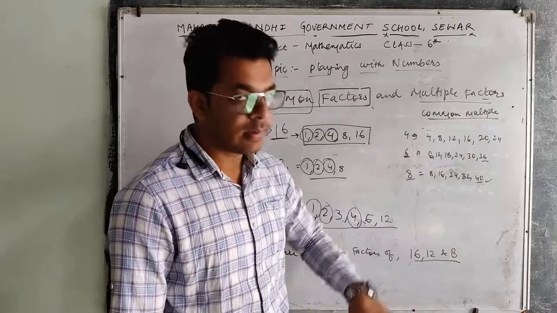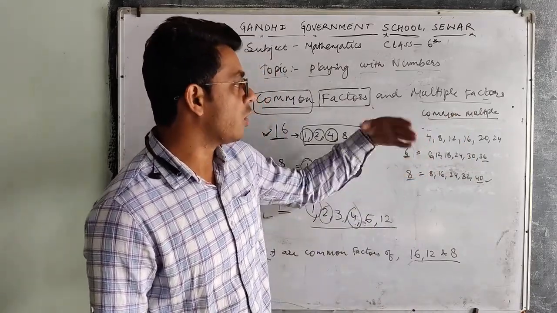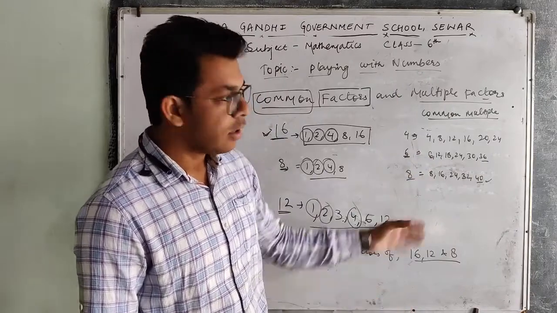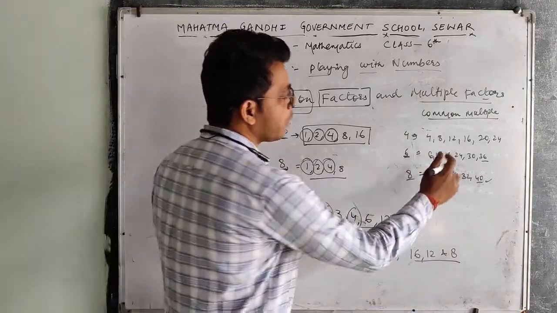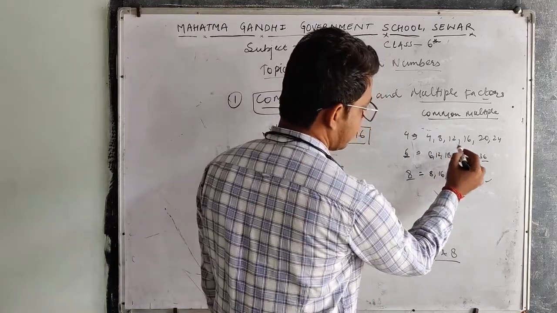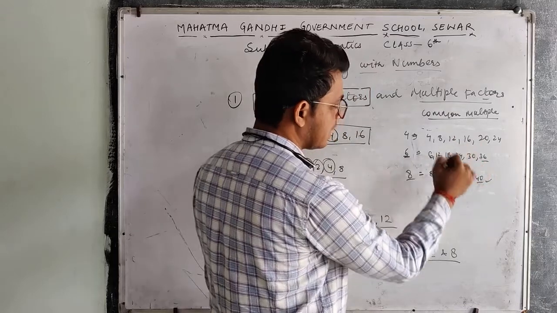Now, what is a common multiple? After the multiplication tables of numbers, what is common in these numbers is called a common multiple. What is common here that is present in all three?